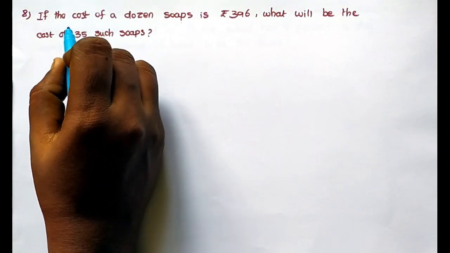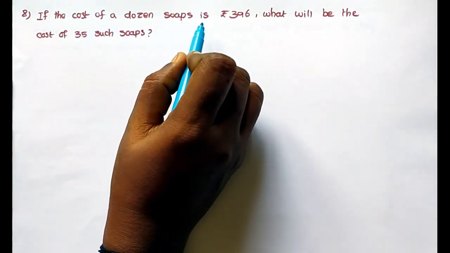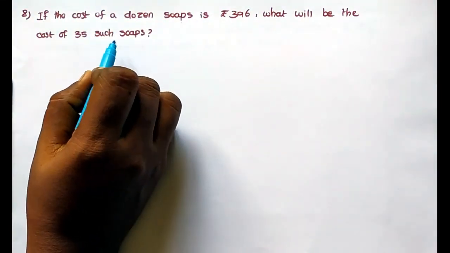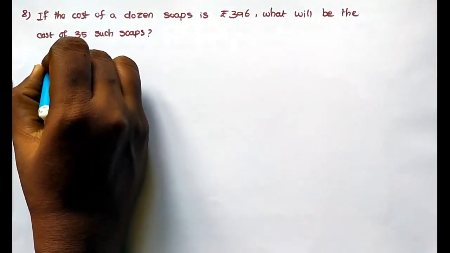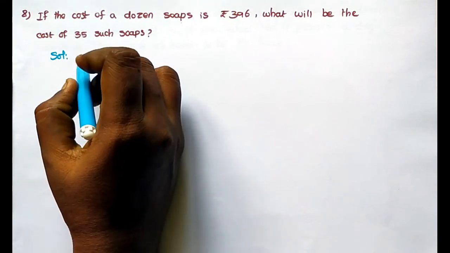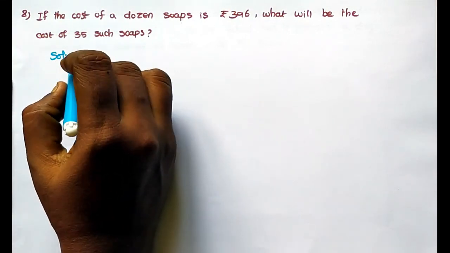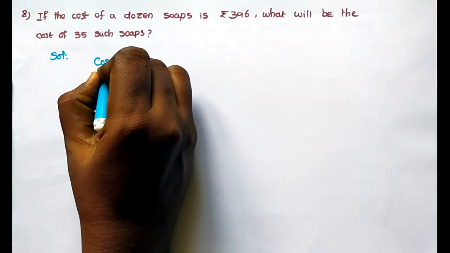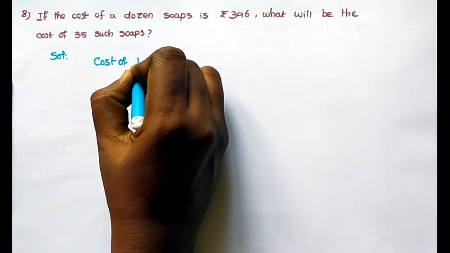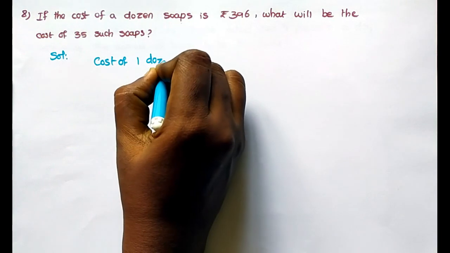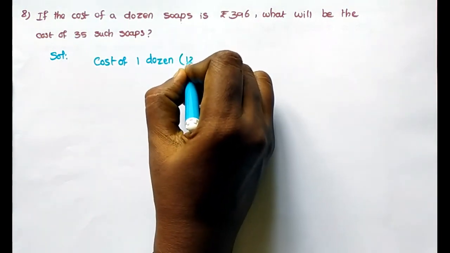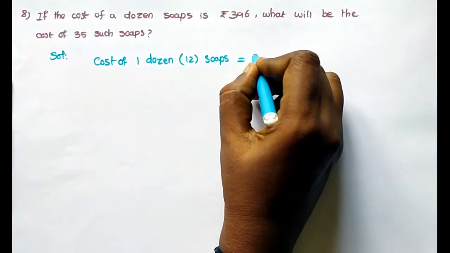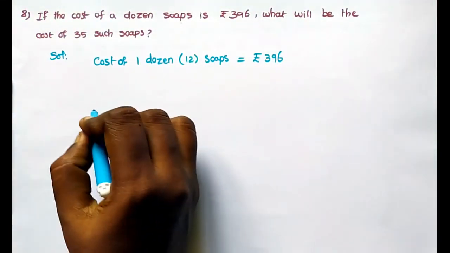Eighth sum. If the cost of a dozen soap is 396 rupees, what will be the cost of 35 such soaps? We can put this in unitary method. Cost of 1 dozen, that means 12 soaps, equal to rupees 396.